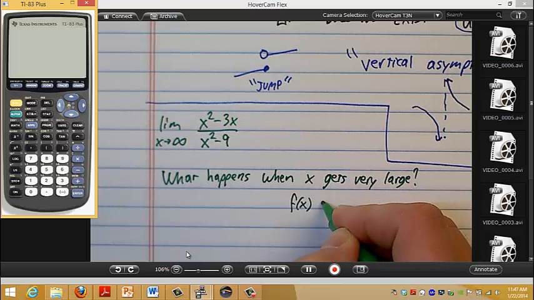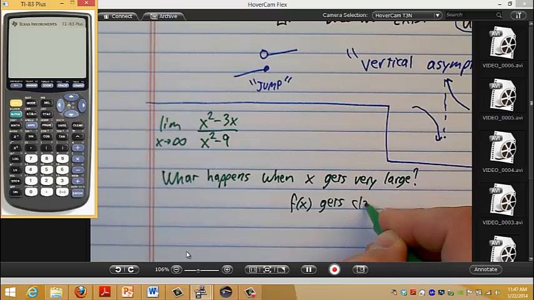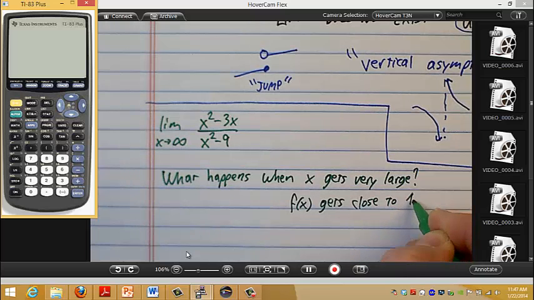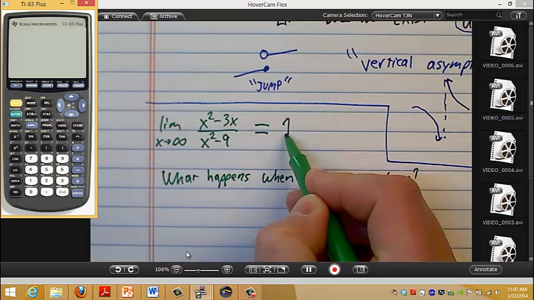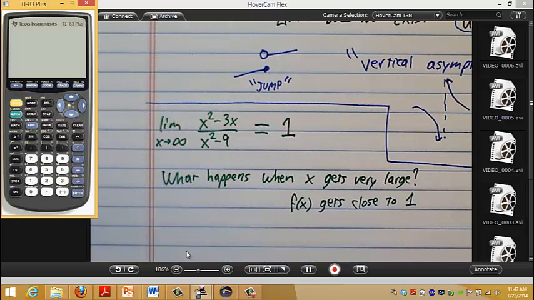f of x gets close to the number 1. And so we're going to say that the limit equals 1. I'll have to show you more precisely how I know that, but you could see it graphically right away.